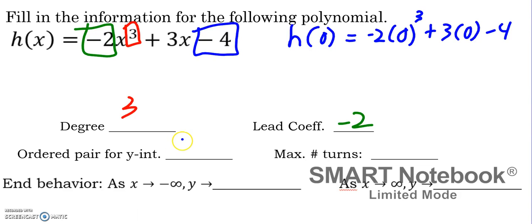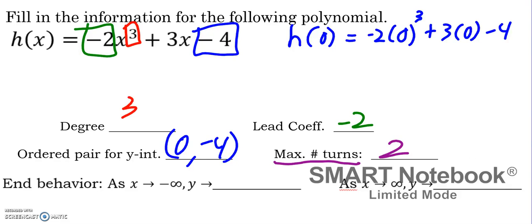So our ordered pair is 0, negative 4. Max number of terms. How do we find that? Well, that is always the degree minus 1. So 3 minus 1 is 2.